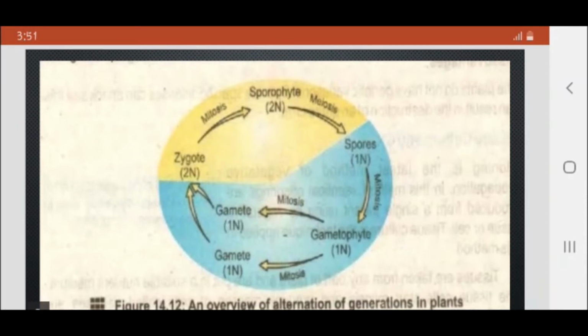And these egg and sperm unite together after fertilization, produce zygote that is also diploid, and zygote undergo further mitosis and produce sporophyte generation. So plant alternate one generation with the other generation, and that is why it is called alternation of generation.